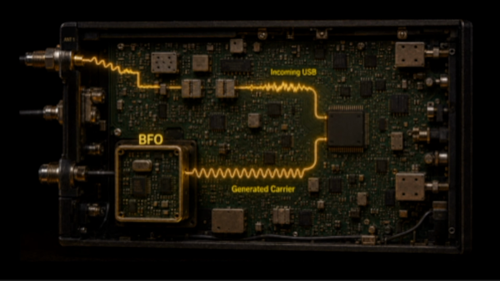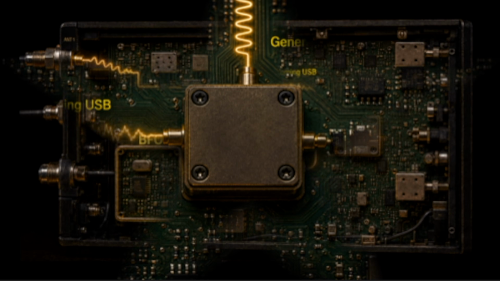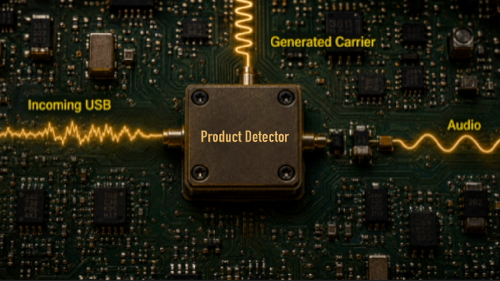Now the receiver has two signals: the incoming single sideband signal and the new carrier created by the BFO. These two signals are brought together inside another circuit. This circuit is called the product detector.